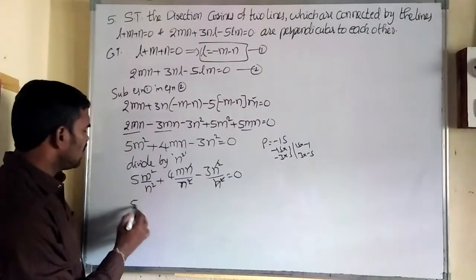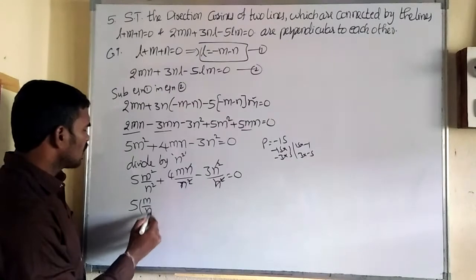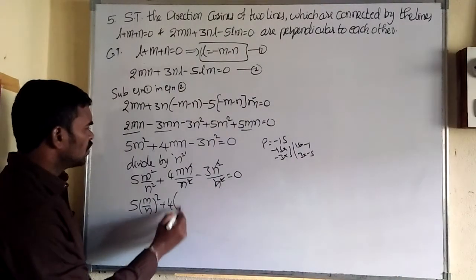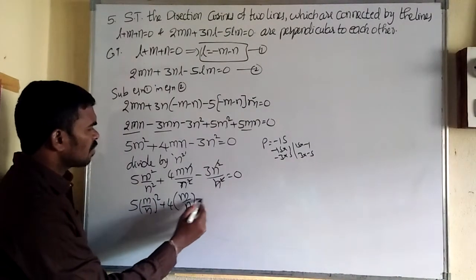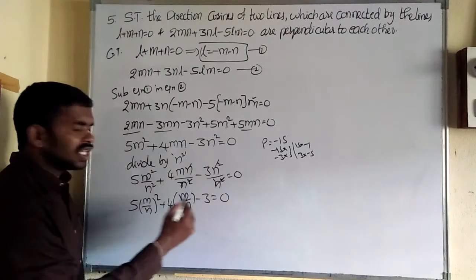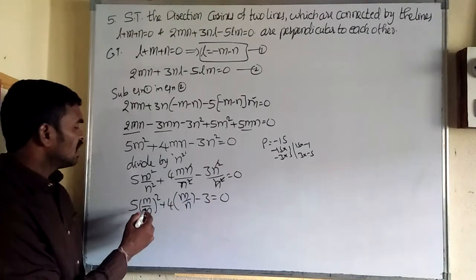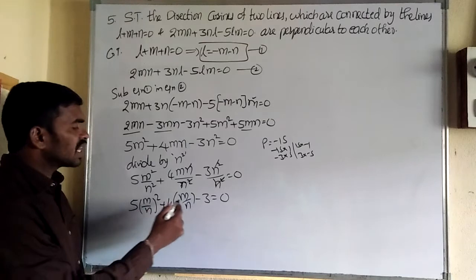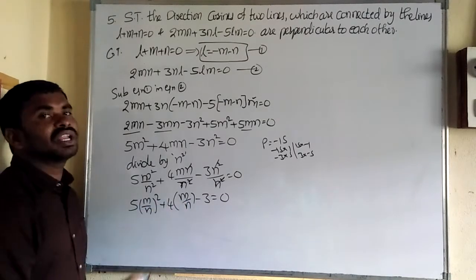Here we get 5(m/n)² + 4(m/n) - 3 = 0. See, this is the equation.